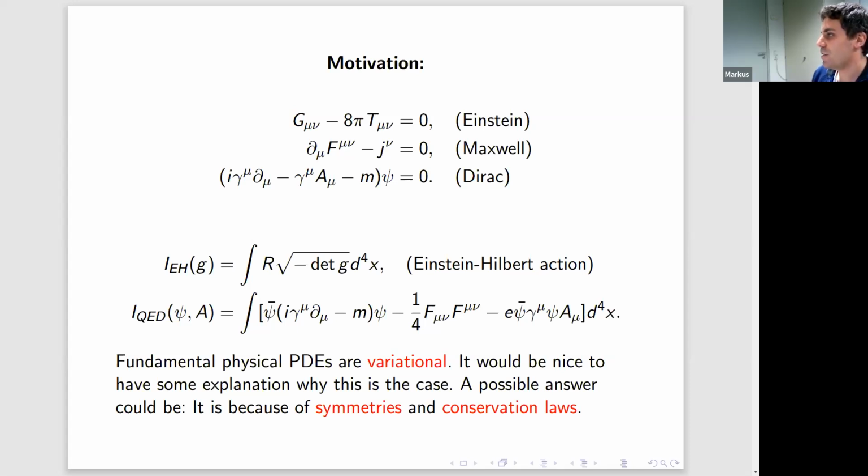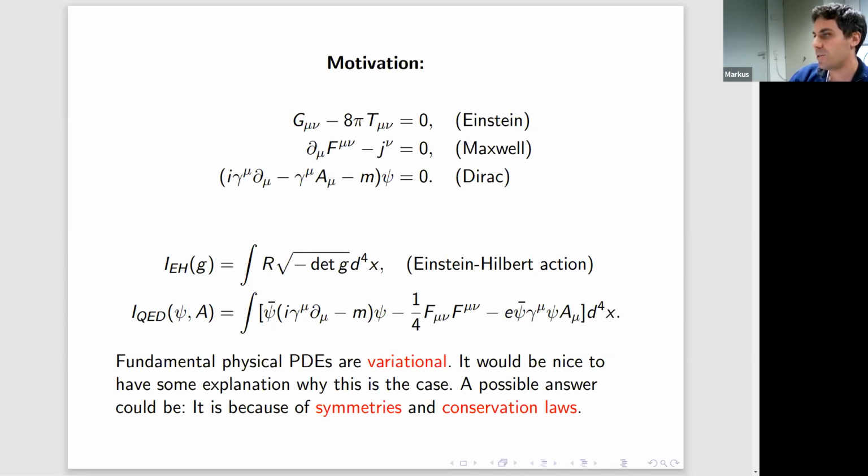But symmetries, I guess everyone has a good understanding of what a symmetry is and has some experience in real life. Conservation laws are also much easier to explain because we have experience with them, and we know what energy conservation is, for example. This is what the talk is about: with the assumptions of symmetries and conservation laws, we want to prove that some differential equations are variational.